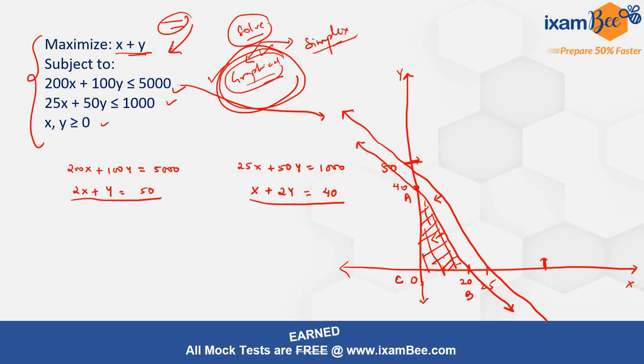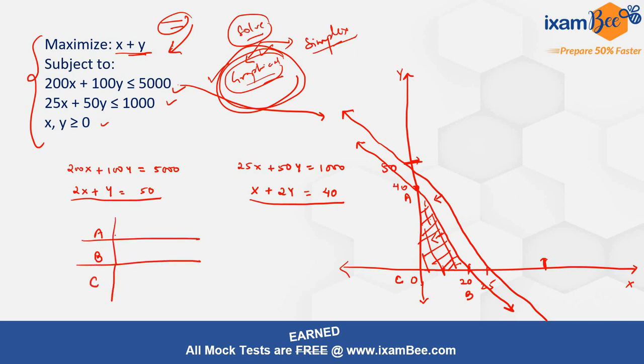So if you take this feasible region, if you go from this side to that side, this is the maximum point. If you're going from here upwards, this is the maximum point. So basically the maximum or the minimum of an objective function can lie only at the corner points. So we take the corner points A, B and C, right?